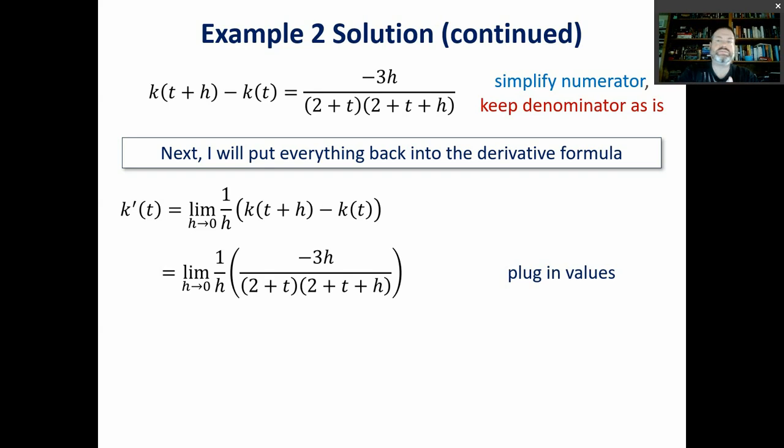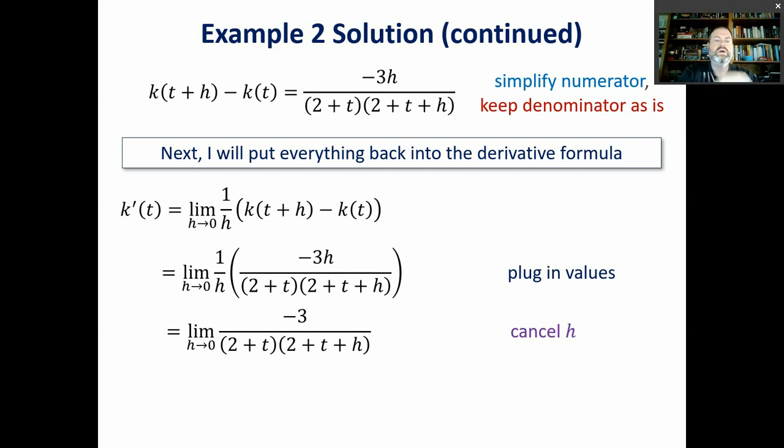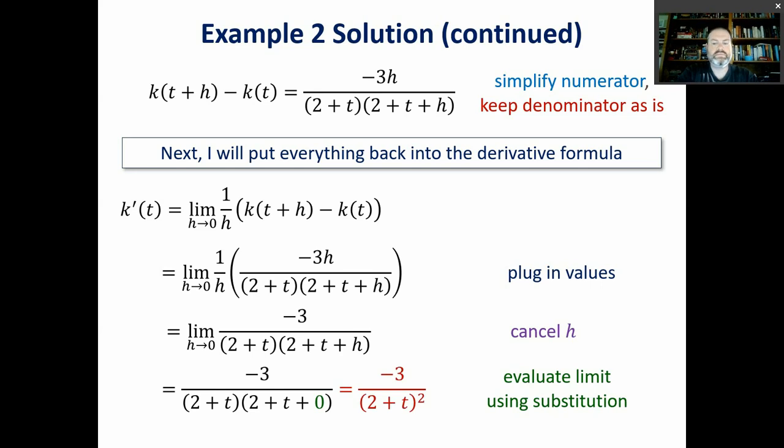The whole point of doing this was so h would cancel. So those h's cancel. As soon as you cancel h, you're ready to plug in 0 with direct substitution, right? So here we have an h in the denominator. Just plug in 0. And after you simplify, you get negative 3 over 2 plus t squared.